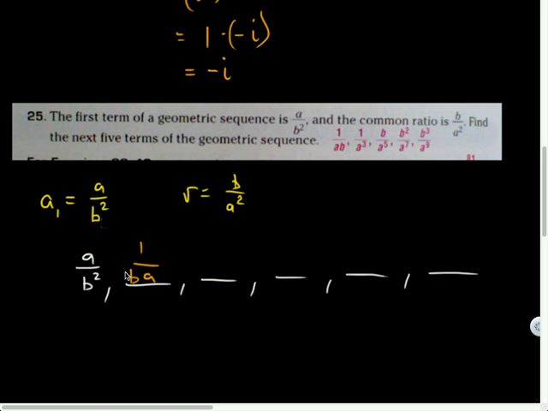Multiplying that by, the b's would cancel out, and I'd have a cubed in the denominator. Multiplying this, I would get a b up top. 1 times b is b, and a cubed times a squared is a to the 5th. Multiplying by another b up top is b squared, and then a to the 7th down bottom, and then b to the 3rd over a to the 9th.